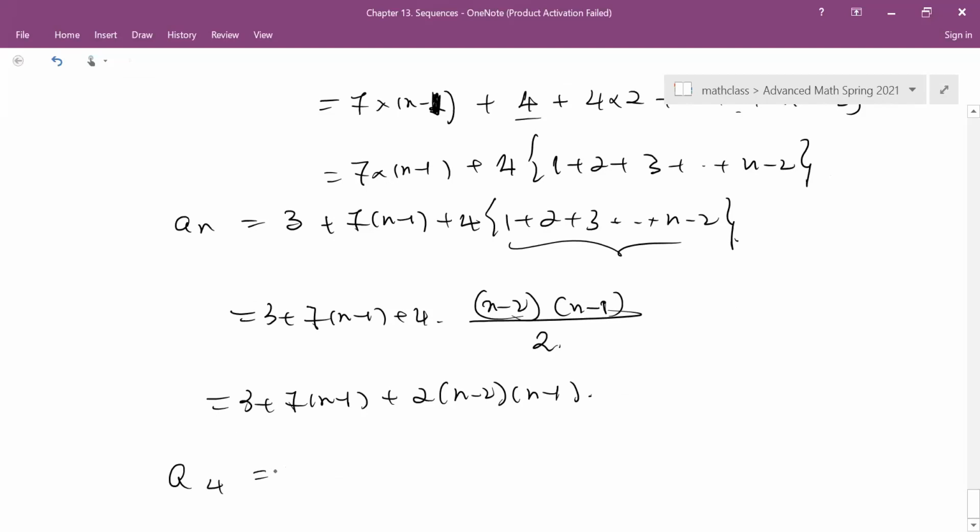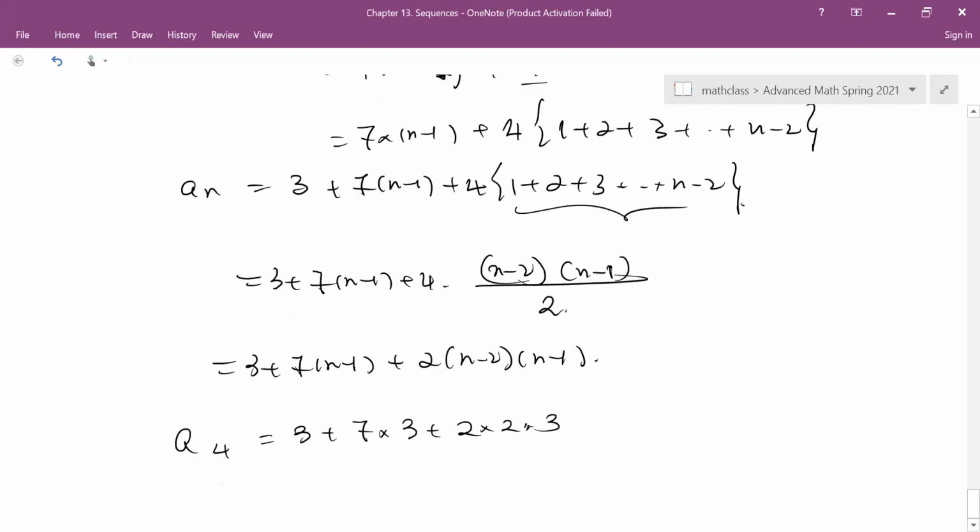We know A4, when n equals 4, is 3 plus 2 times 3, right? This is supposed to be 36. Let's see, this is 21 and 12, yeah? So that would be 36. That's correct.